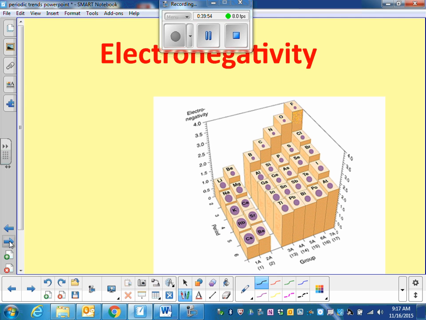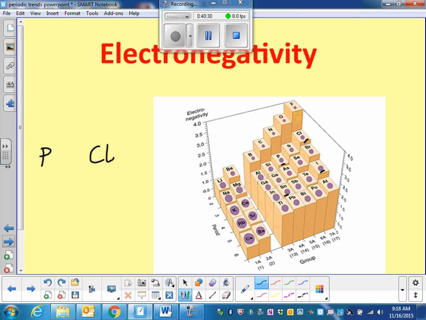Now, sometimes you will take elements like phosphorus and chlorine, or tin and iodine, and they are already bonded to each other. So let's take, say, phosphorus and chlorine. Not in all cases is one completely giving and one completely taking. In some cases, there is also sharing of electrons.